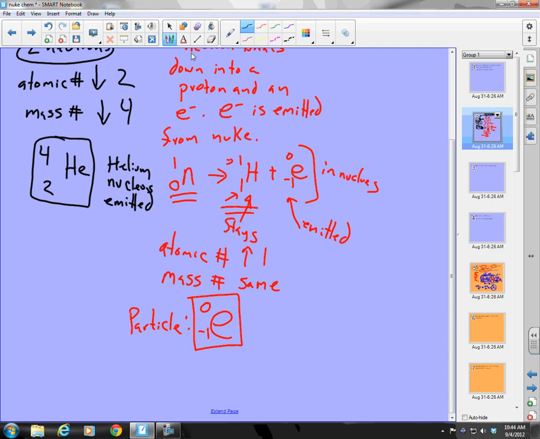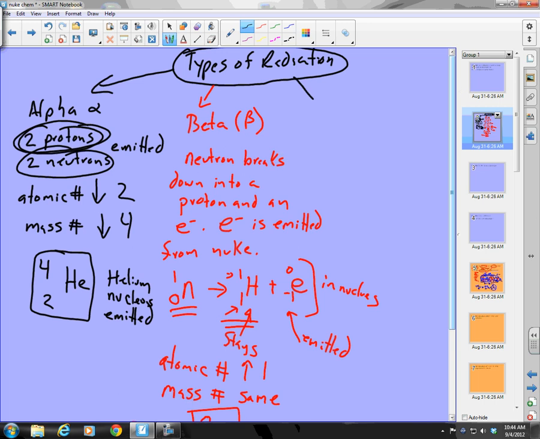Let's go to the third type of radiation that I want to talk about, and that is called positron. Positron radiation, positron decay is kind of the mirror image of beta. In fact, we have a proton which decomposes into a neutron and something we call a positron.